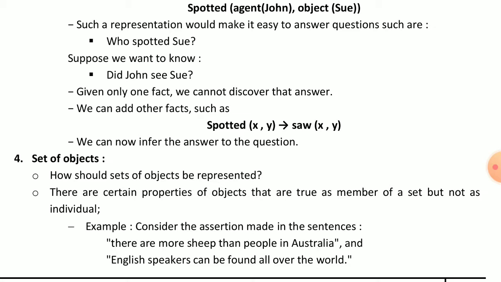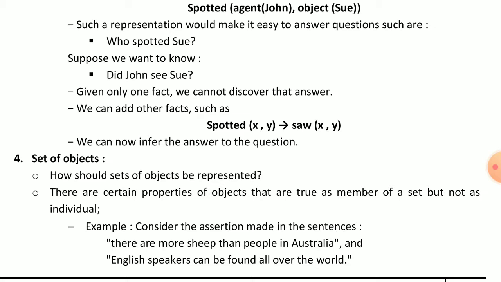We can take different sentences. First is, there are more sheep than people in Australia. We know that in Australia the population is less and sheep are more. So people are fewer and sheep are more.